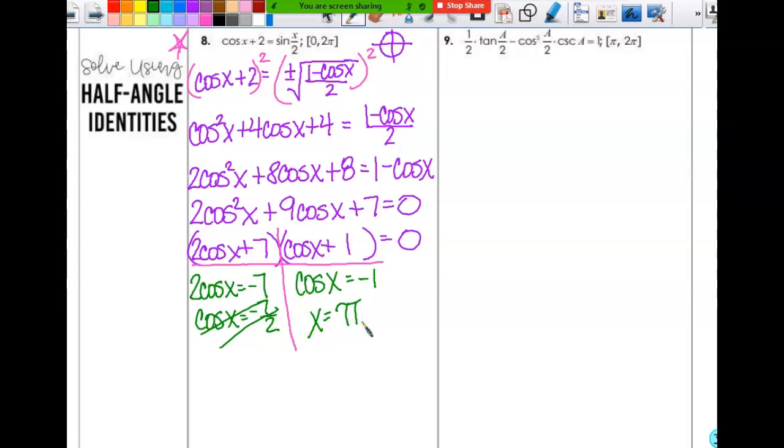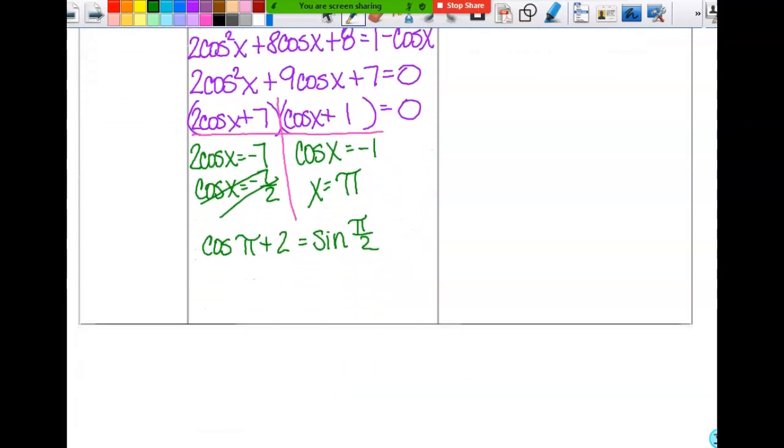But remember, we put a little star there, or whatever you want to do to make a note off to the side if you need to. Check answers, whatever, so you don't forget. I need to check my answers. So I'm going to take this and substitute it into my original one right here. So that means I'm going to get cosine of pi plus 2 equals sine of pi over 2.